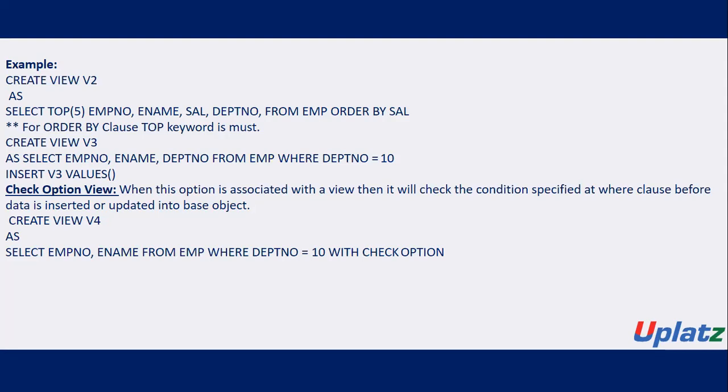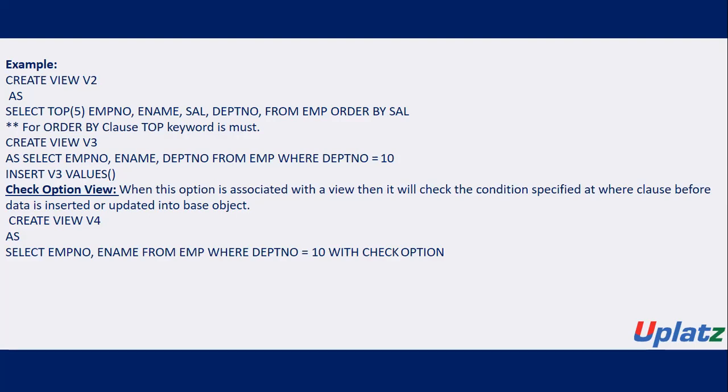So that is why we are writing the query: create view v2 as select top 5 employee number, employee name, salary, department number from the employee order by salary. So this view v2 will be created, and it gives the result we have written in the query.